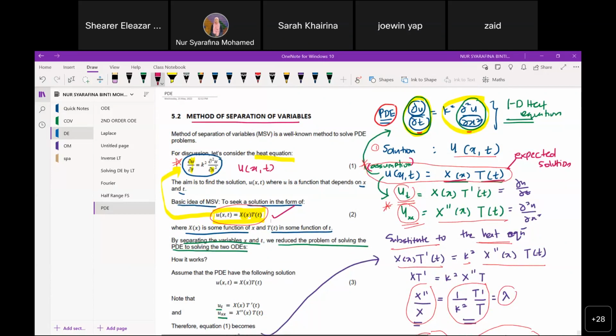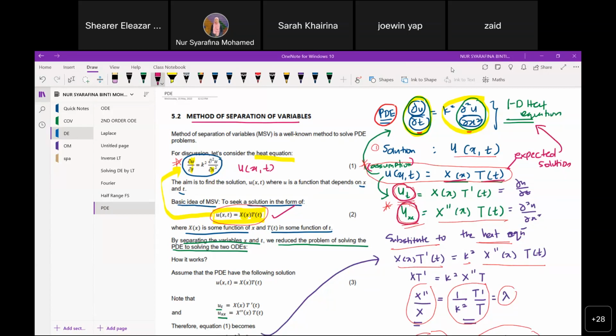So for this example, we have del u del t equals k squared del squared u del x squared, right? Our solution is expected to be u(x,t) equals X(x)T(t). In order to match with the PDE, we have del u del t, which is u_t, and del squared u del x squared, which is u double x.